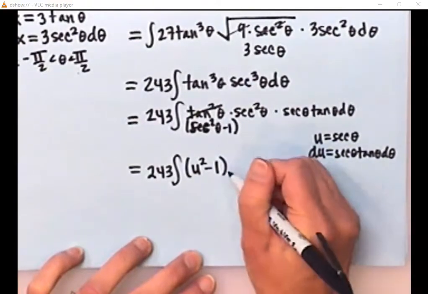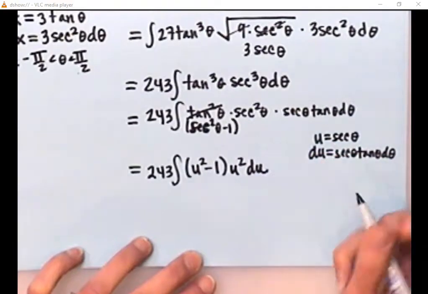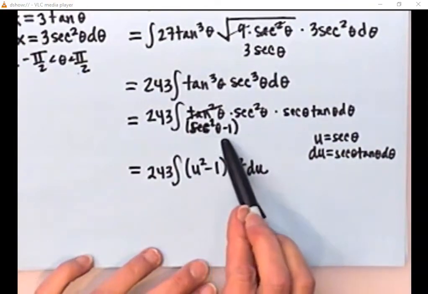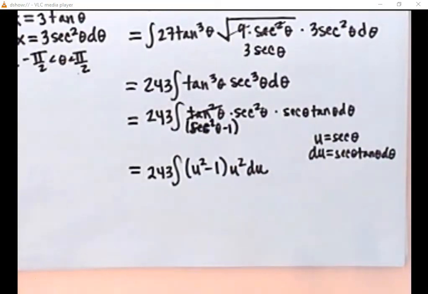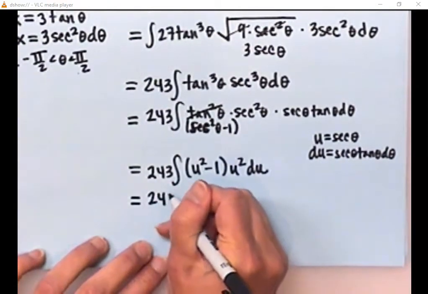This u squared, and all of this is du. Yeah, now we're at u's. First we did thetas, now we're at u's. Alright, so that's right. So this will be u squared minus 1, a u squared, and a du. And then I should be able to integrate. So not only am I using trig substitution, now I've got to use a technique from the last section where I do a u substitution, but hopefully now we can integrate.